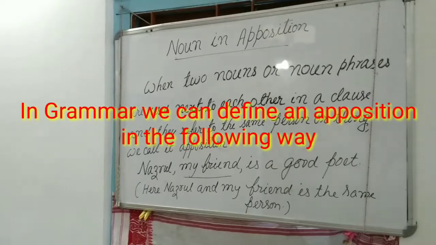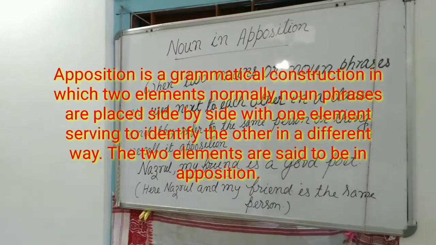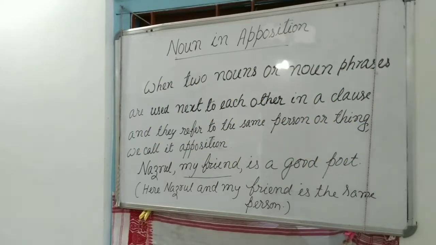In grammar, apposition is a grammatical construction in which two elements, normally noun phrases, are placed side by side with one element serving to identify the other in a different way.